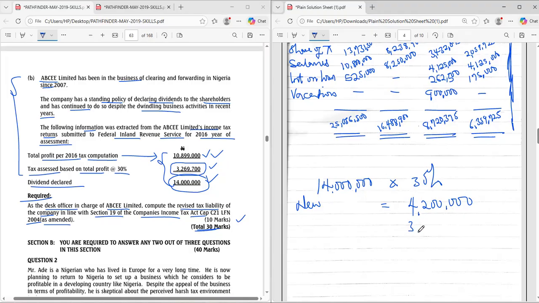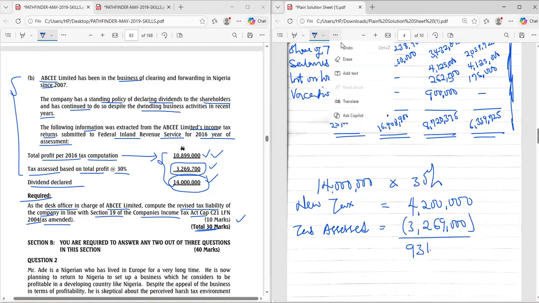I mean, remove 3,269,000, which is the tax assessed. Remove it. 931,000. 700,000.